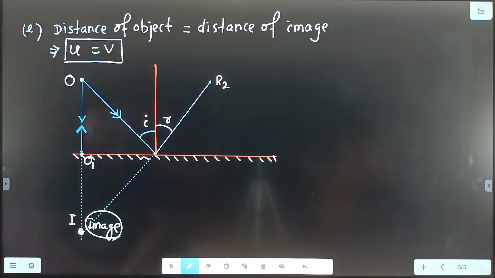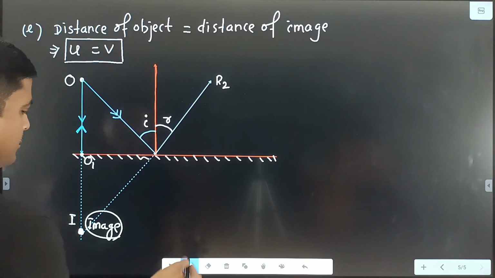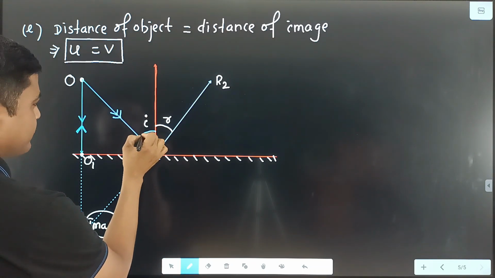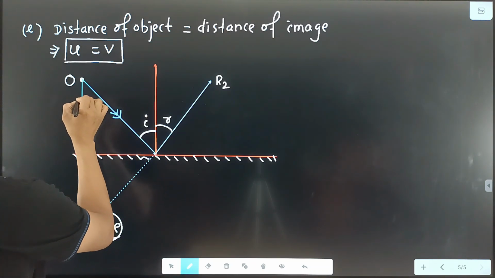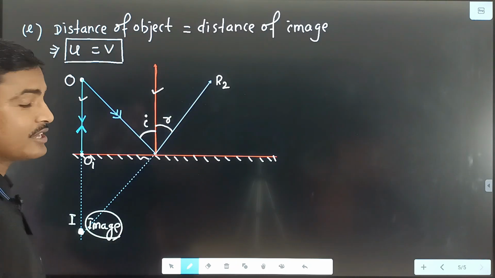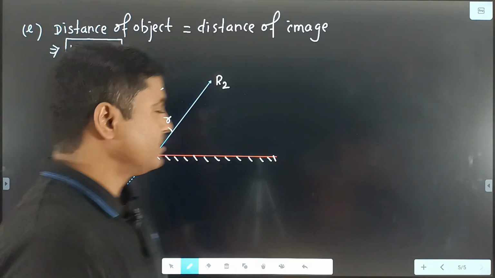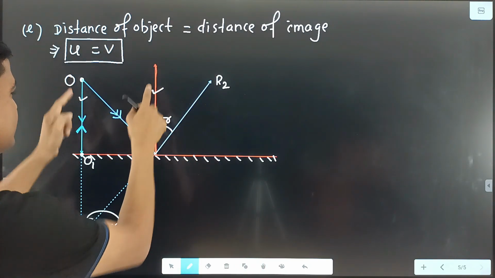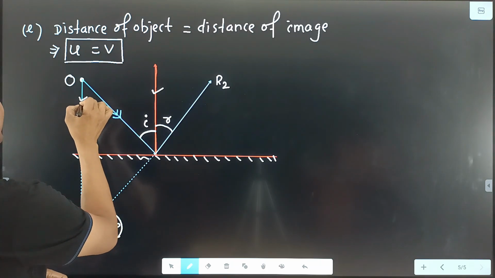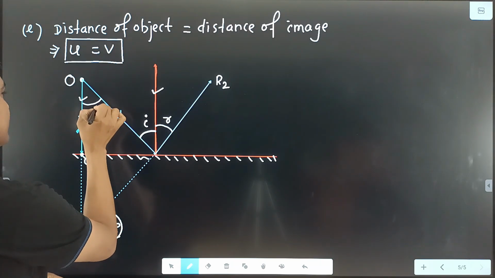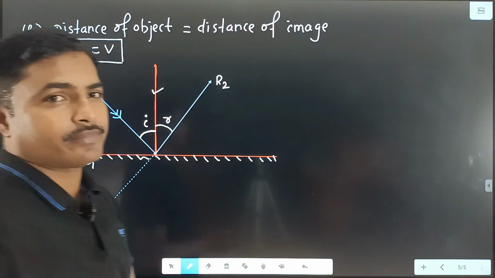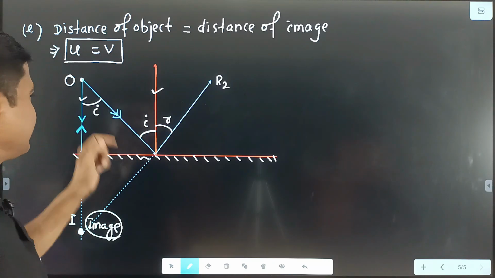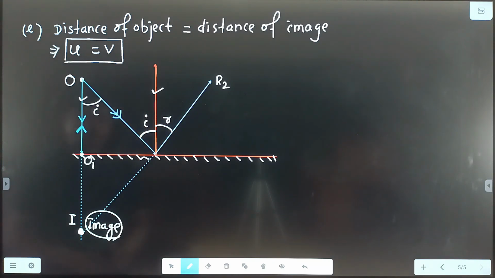And look at the figure. Here this angle is I, and these two lines are parallel to each other. If this angle is I, this angle is automatically I. Clear? That is not the alternating angle. Similarly, look at the figure again.